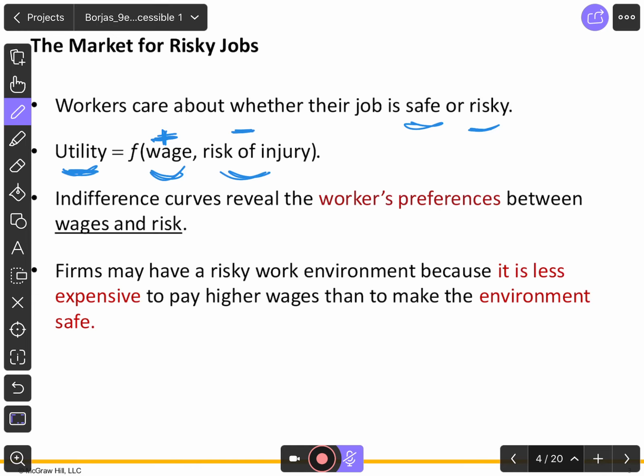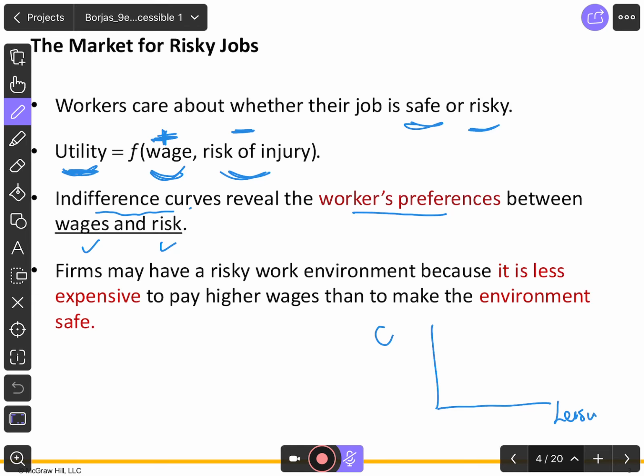When we talk about an indifference curve, we're talking about different combinations of wage and risk that the worker chooses between. Recall that we discussed before an indifference curve with consumption and leisure time.